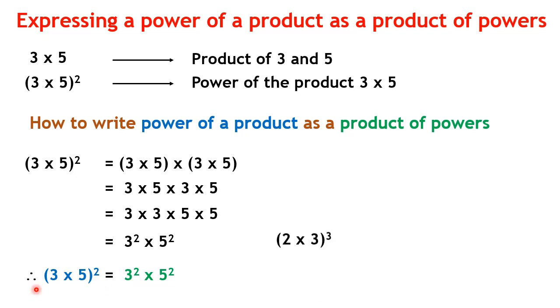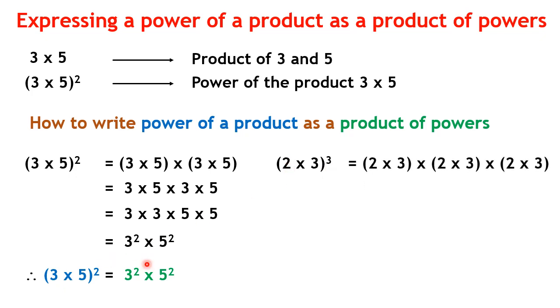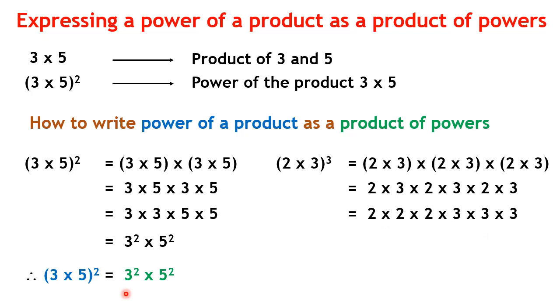Let's see one more. 2 by 3 power 3. Let's write in the expanded form first. Product of 2 and 3, written 3 times. Once, twice, thrice. Then let's write the same expansion without the bracket. Thereafter, write the same bases nearby.